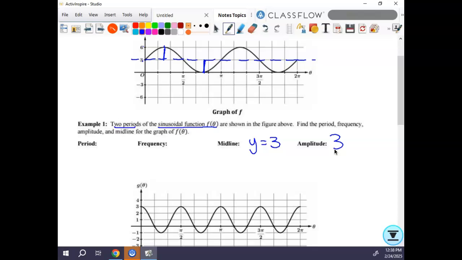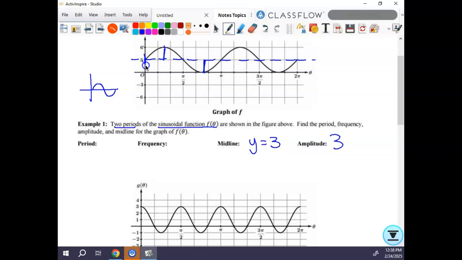Now, think about your midline as your new x-axis. So if this is my new x-axis and I'm starting here, then this looks like that. I would really probably think about this one as a sine function. Again, I could start anywhere to count my period, but the easiest way is to start at 0 if you can.